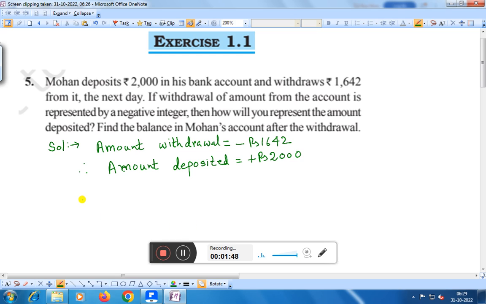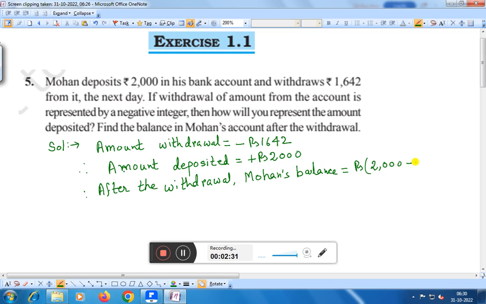Therefore, after the withdrawal, Mohan's balance is equal to rupees 2000 minus 1642.